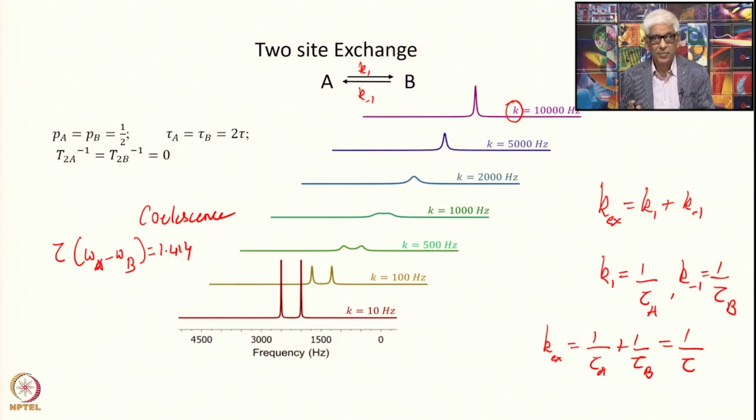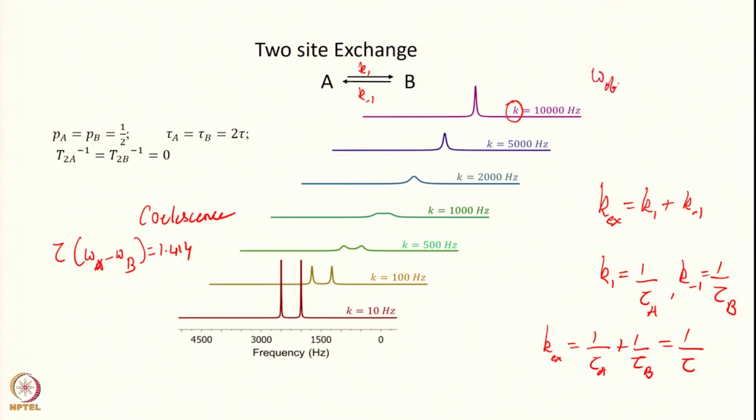And where will it appear? This line will appear at the weighted average of the two individual chemical shifts. The final position that you will observe in this situation will be omega observed equal to PA omega A plus PB omega B, where PA and PB are the populations, and omega A and omega B are the individual frequencies.